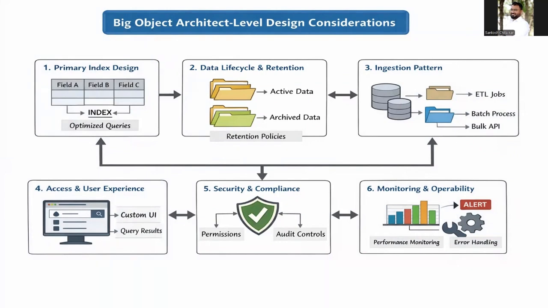Architect level design considerations. Now let's think like an architect. Big objects are not create object and done. You must design them. One of the first important points is primary index design is everything. Your index should match your most common retrieval pattern.